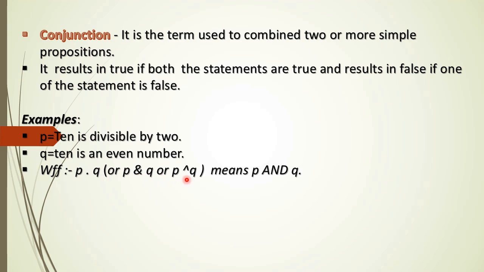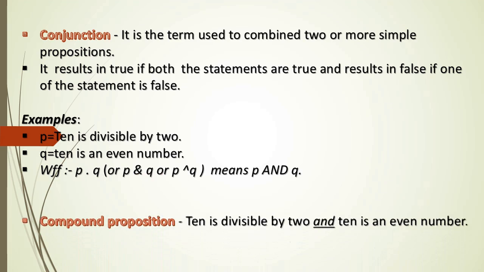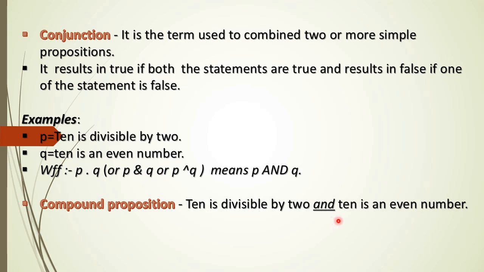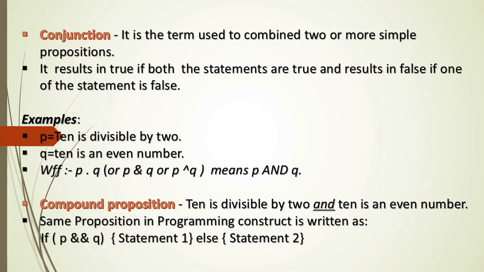We form a compound statement: 10 is divisible by 2 and 10 is an even number. Now in programming construct this is written as: if P and Q, statement 1, else statement 2.